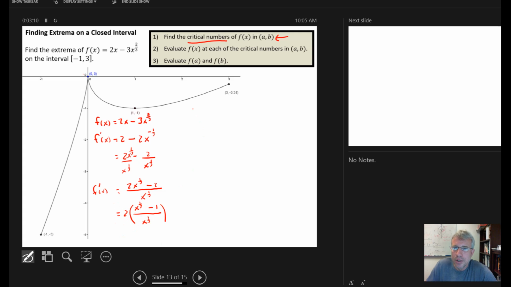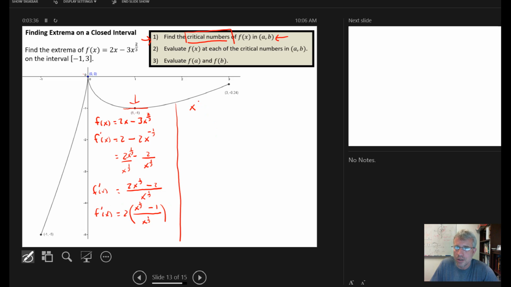So once I have the derivative, now I'm in a position to find the critical numbers. The critical numbers either occur when the derivative is equal to 0. That's where I get the horizontal tangent line at this relative minimum right here. And because the derivative is a ratio of two expressions, the only way for it to equal 0 is for the numerator to equal 0.